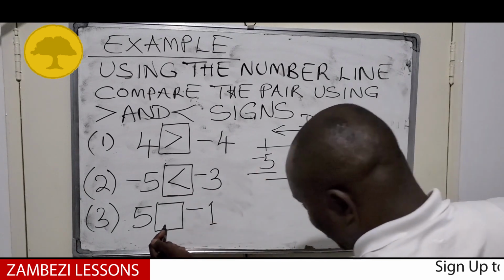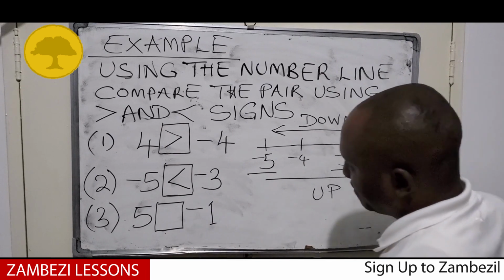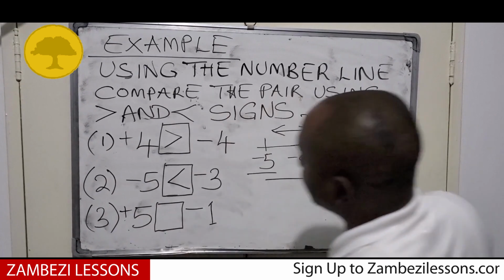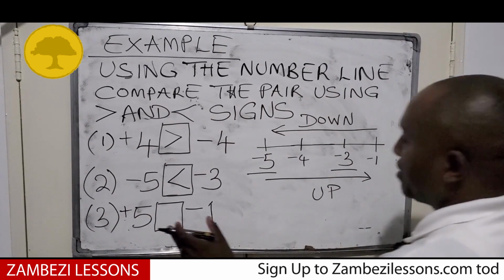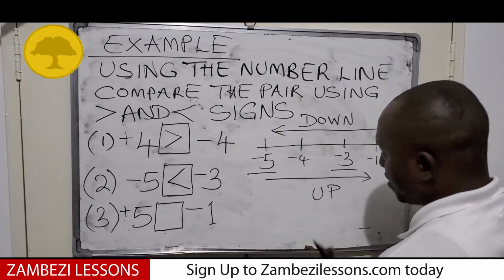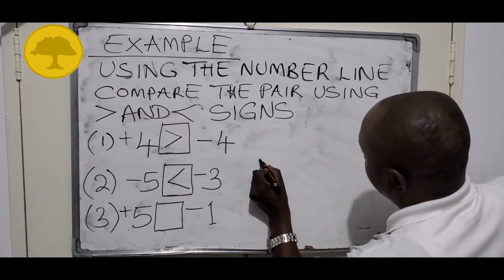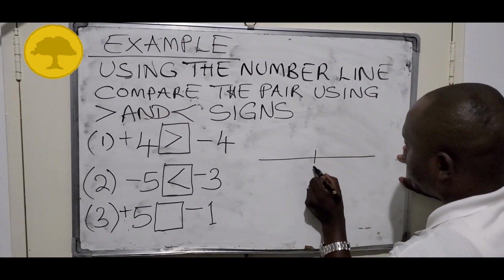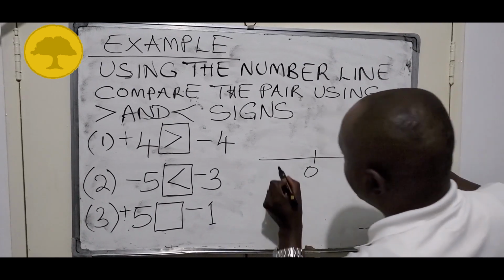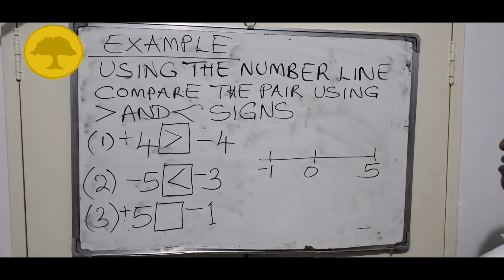Now we come to another interesting question here. You have a +5. Maybe let me indicate the positives. Okay, +5. And you're trying to compare it with -1. Again, the same principle applies. You have our number line, you have 0, and your +5 is on the right hand side, and your -1 is on the left hand side.